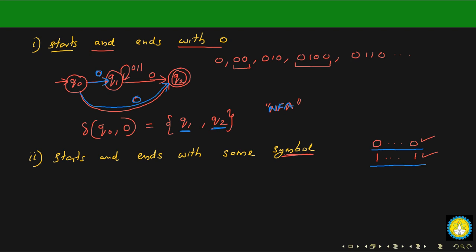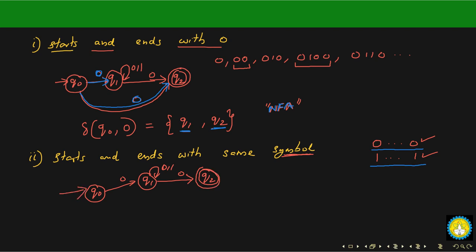So if I have a Q0, this is where I'm going to accept strings that start with 0 and end with 0. That's one possibility. From here I can see anything, 0 or 1, and again if I see a 0, I can be at Q2, right? So that's one path.